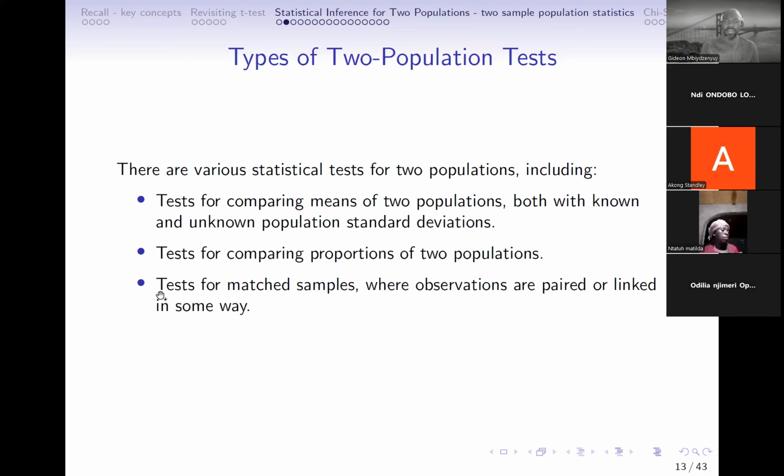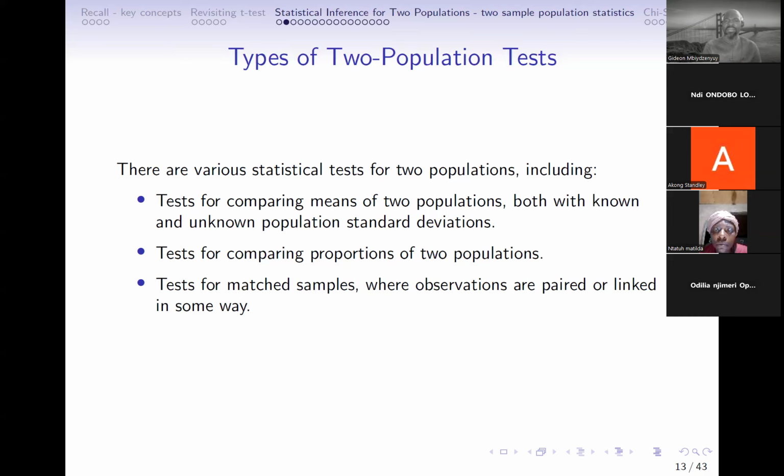One important thing, which is new now, is whether there are matched samples or they are independent. Are these two populations, or these two groups, independent, or are we looking at matched samples? What do I mean by matched samples? Suppose you take a group of students and you ask them to do an exam, just a crude example.